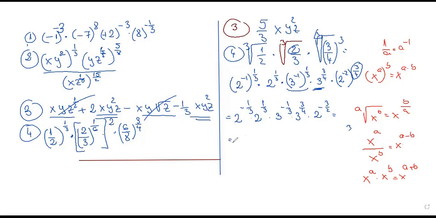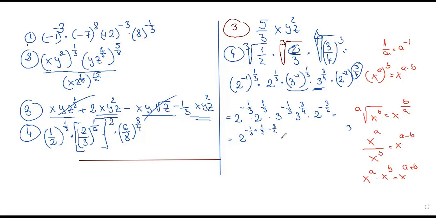So it becomes 2 to the minus 1 over 3 plus 1 over 3, sorry, plus 1 over 3. And then minus 3 over 2.